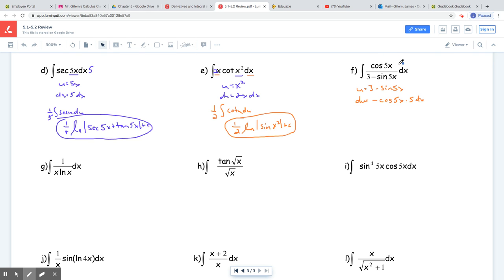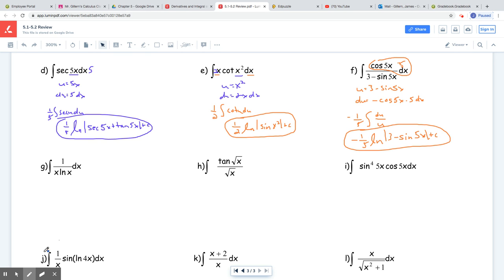I need to add a 5 up there, which means we have a 1/5, and it's actually going to be negative, so I need a negative 1/5 there. The integral of all of this is du over u, because 3 minus sine 5x is u. So I get negative 1/5 natural log of, what's the u? 3 minus sine 5x, plus c.